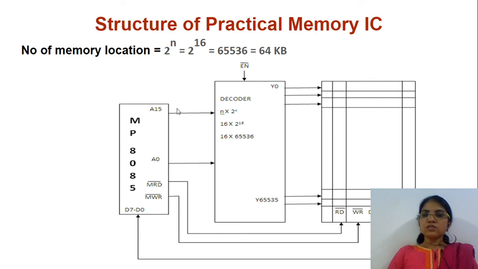So the address is 0001H. That 4-digit hexadecimal number is converted into binary form, and according to the number present on A15 to A0, one of the outputs is activated, and that output is connected with the particular memory location. So in this way we select that particular memory location, here 0001H, which is the address of the memory location.